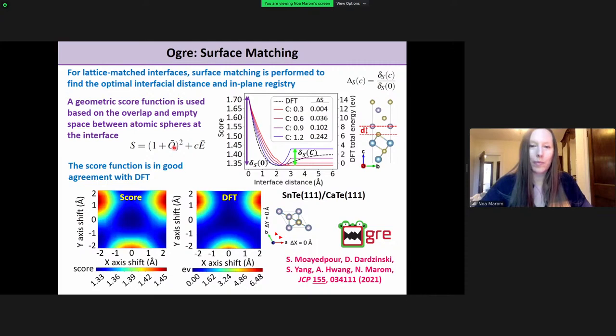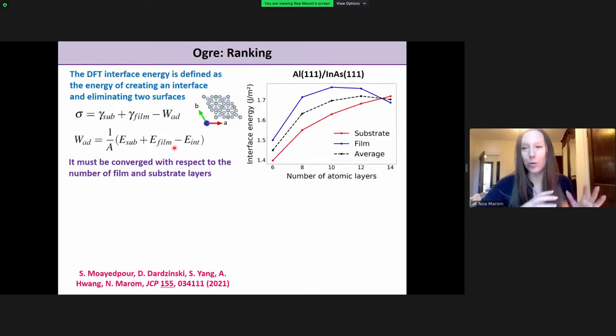After we do lattice matching and then surface matching for all the lattice matched candidates, we have to rank the resulting interfaces in order of stability. In principle, you could do that with DFT. We have the definition here of the interface energy, which is the energy it takes to eliminate two surfaces and create the interface.